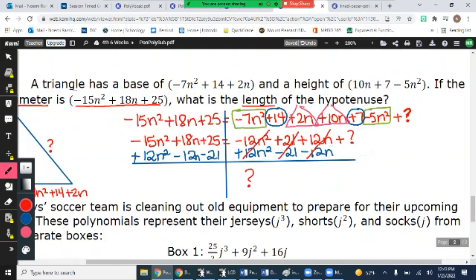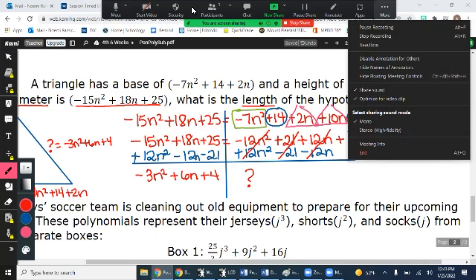Negative 15 plus 12n squared gives me negative 3n squared. 18 minus 12, positive 6. And 25 minus 21, positive 4. There's my third side. That is what this is equal to, negative 3n squared plus 6n plus 4. We're subtracting, okay? All right, y'all go ahead and do the rest of those. Y'all have plenty of time.